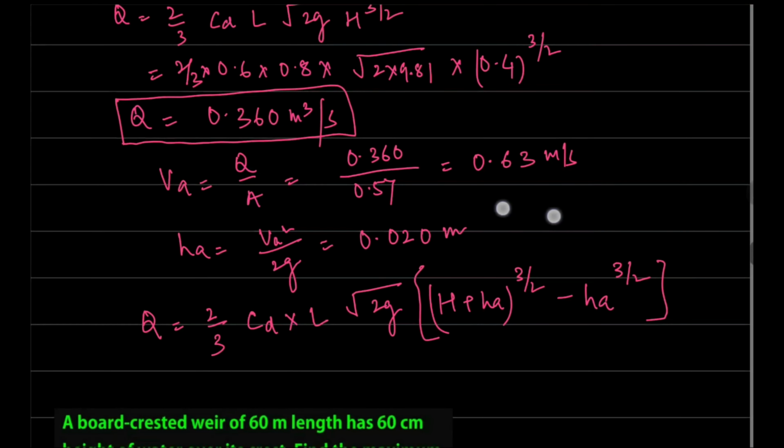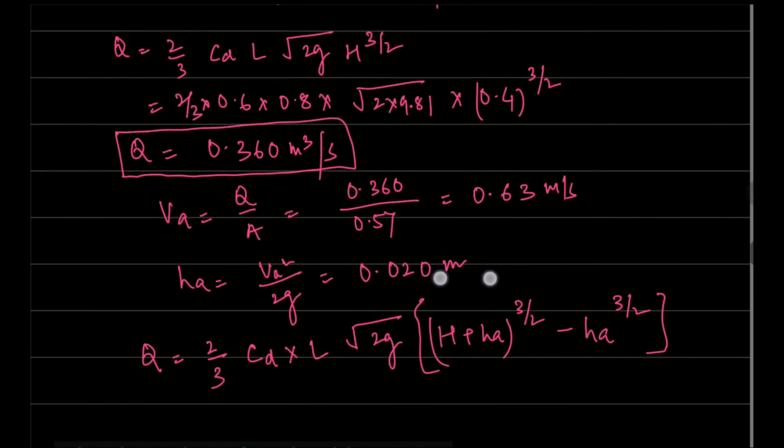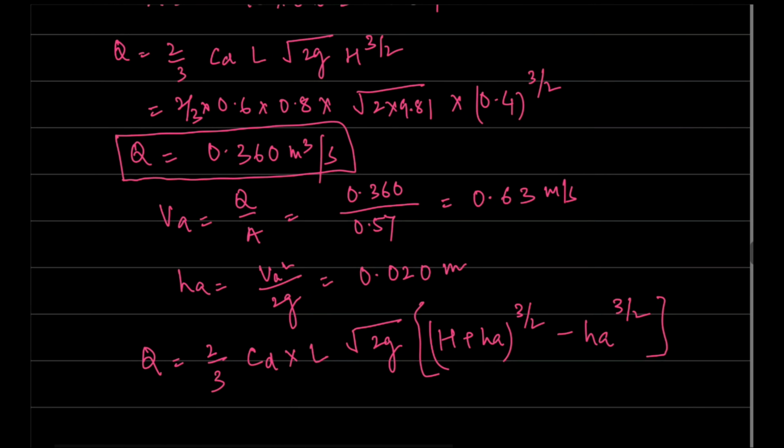So let's put all the values, and after putting all the values we get the Q value as 0.3841 meter cube per second. So that is our answer.